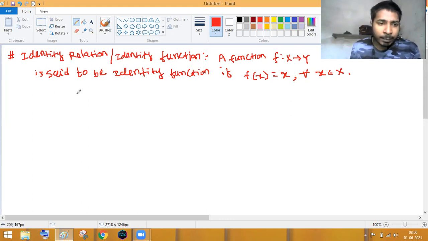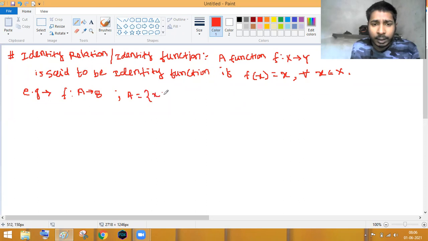Let's assume that we have to define an identity function with an example. Suppose f is defined here for the set A to B, and set A is defined here.